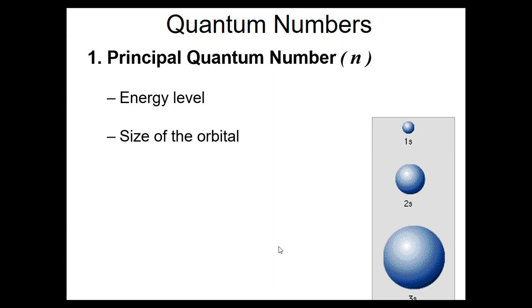If you notice, when we have 3s, the orbital is much larger than when we have 1s. You notice here in this case, the shape is the same, but the size is very different. We can imagine the nucleus is in the center of each of these. So the electron in 3s is further from the nucleus than the electron in 1s.